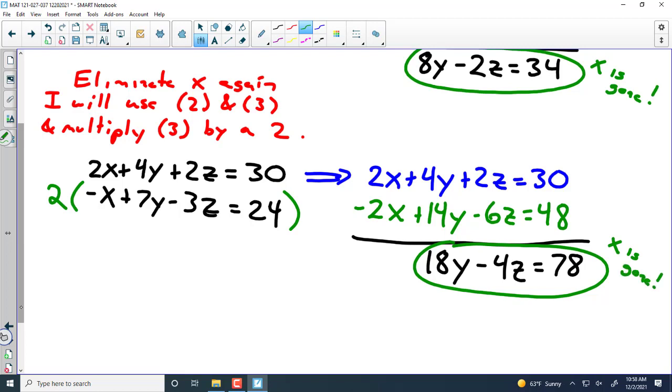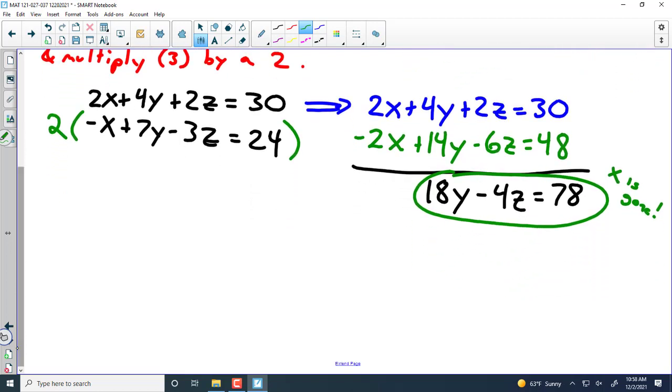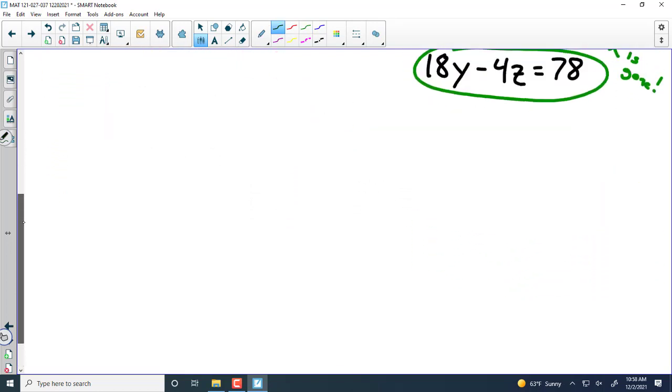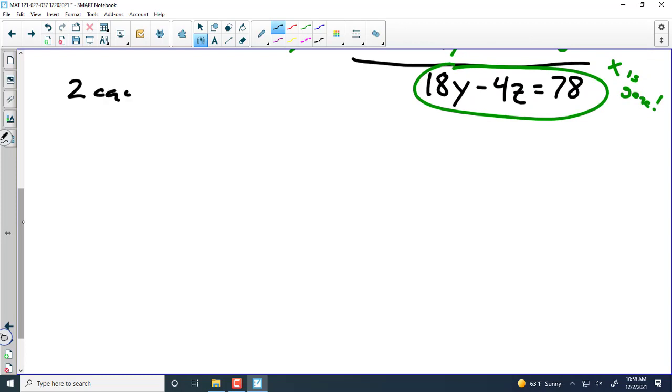And once again, we are able to get rid of the x. Okay. Once you have gotten your two new equations, I would just write those down over here. So now we have two equations with two variables.